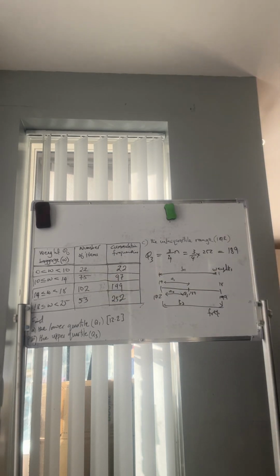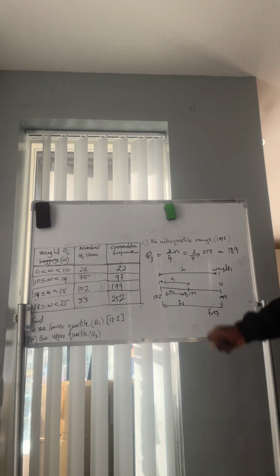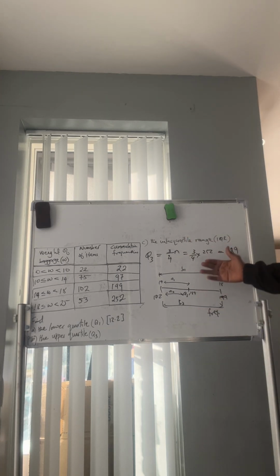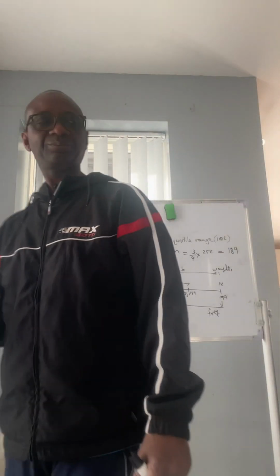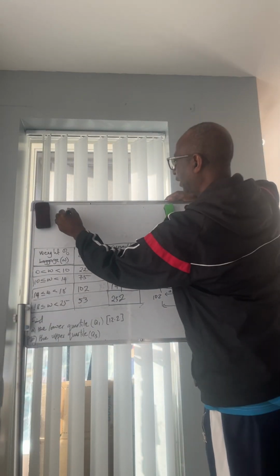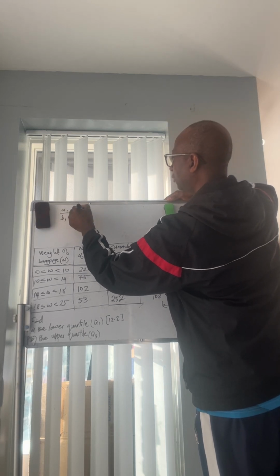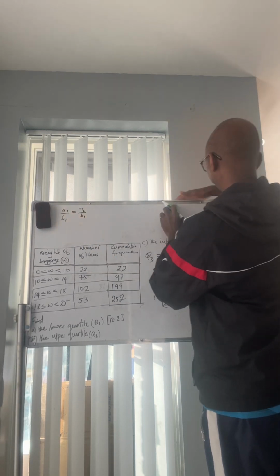So now we have this representation here, which we can solve just the same way as we solved the previous question, applying ratios. You have A1 over B1 must be equal to A2 over B2.